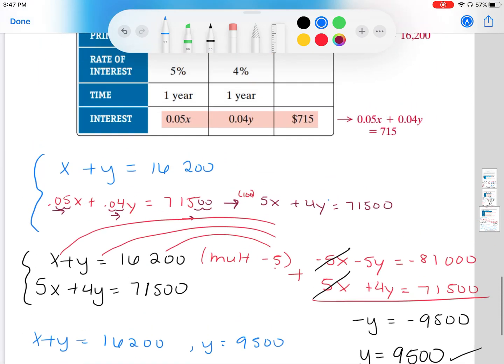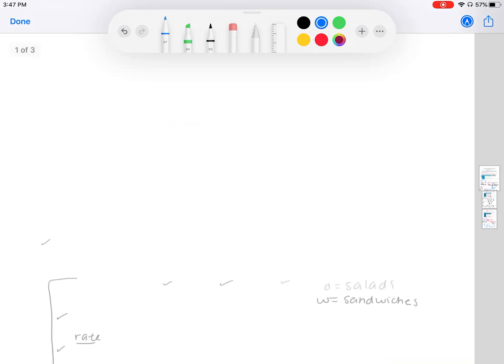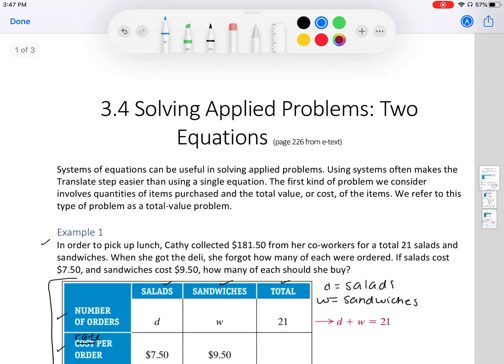And yeah, that's how much student loans look. And that's student loans kind of on the lower end. All right, so that was 3.4, solving applied problems in two equations.